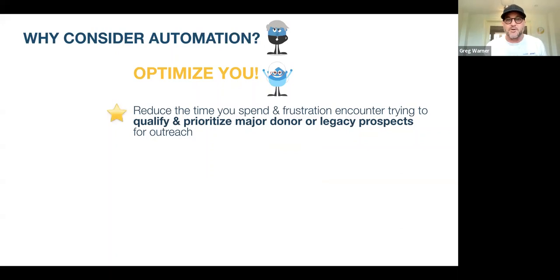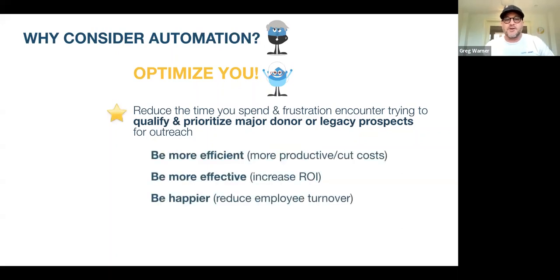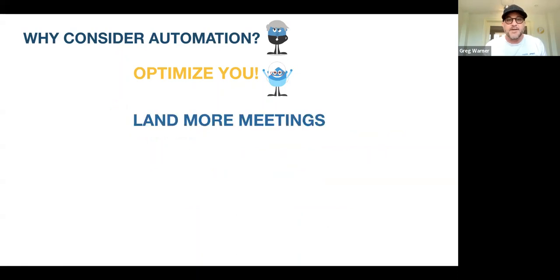I'm sure everybody would agree. So let's figure out how we can do that so that you can be more efficient, more productive, more effective, and frankly, happier, so you stay in your jobs. And if you're in leadership, you want this for your staff because employee turnover is costly and challenging.